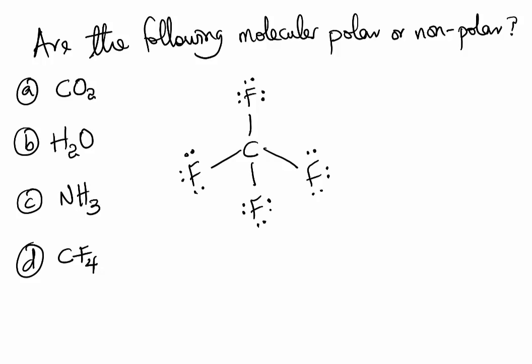Fluorine is the most electronegative element in the periodic table. So, when carbon is sharing two electrons with fluorine, the two electrons will be closer to fluorine. However, that will also be the same in all the fluorine atoms.